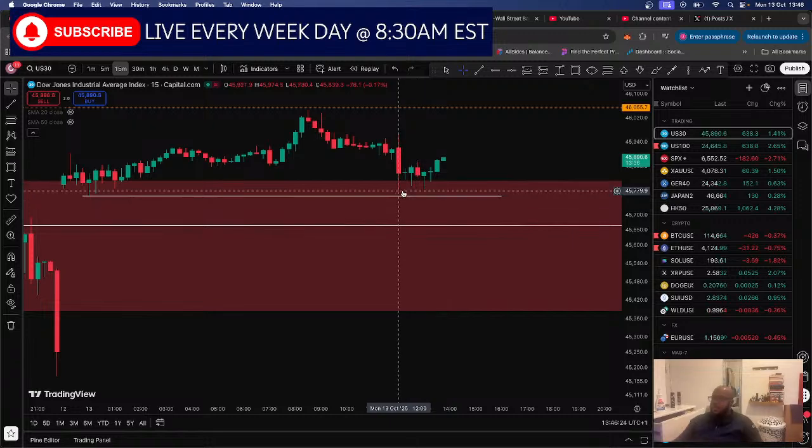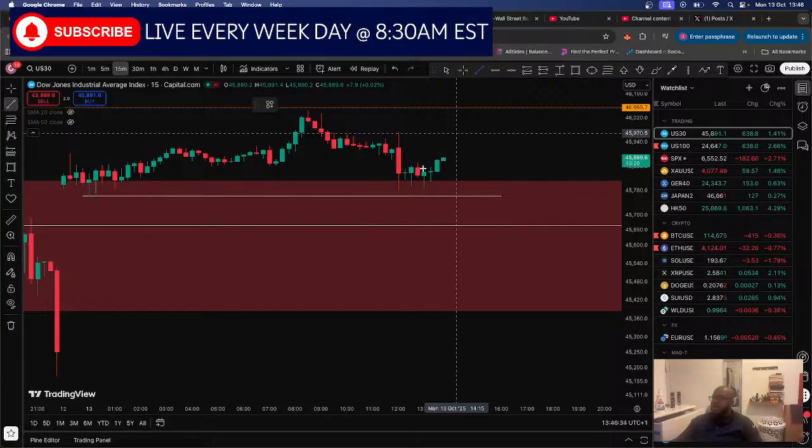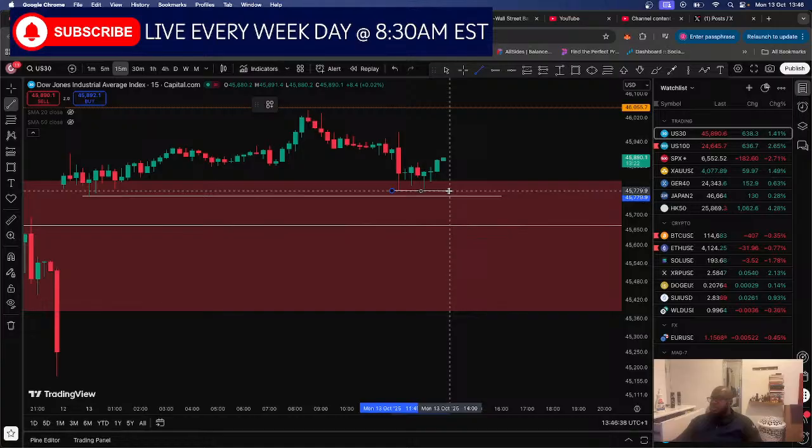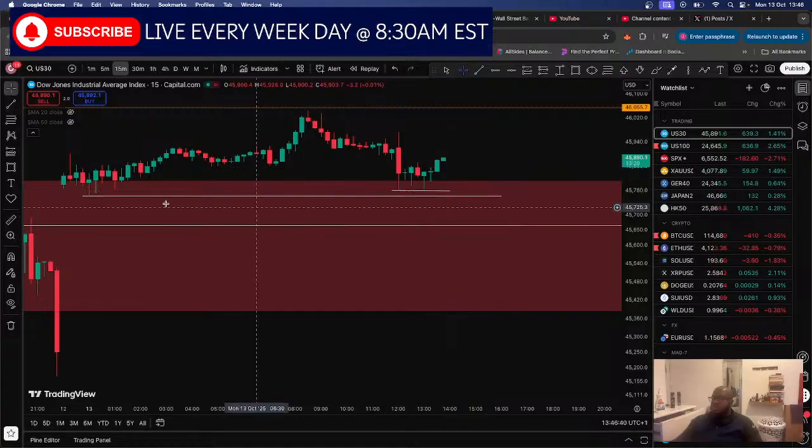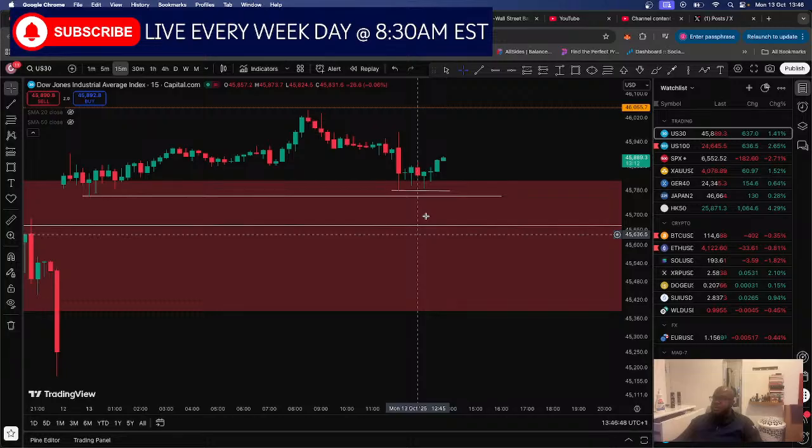That being said, as you can see, I'm not sure many people can see, but this area is what I want to call manipulating. Price is manipulating this area right now. So we have Asian session lows right here. We have our gap right here, and price is being manipulated in this area.